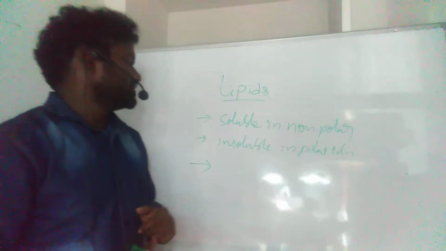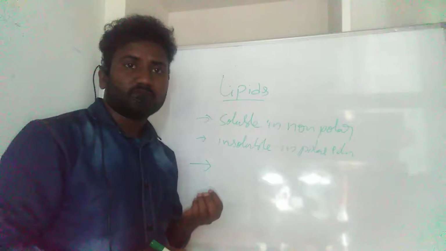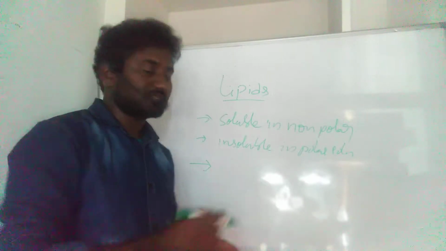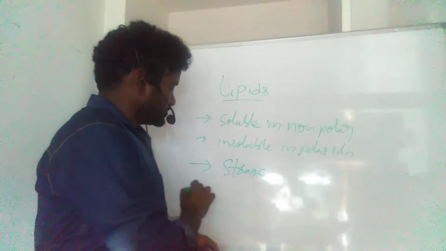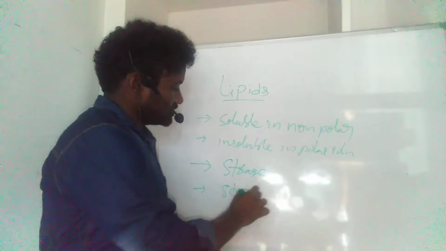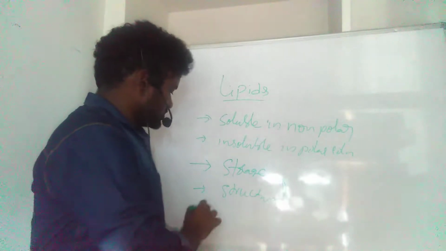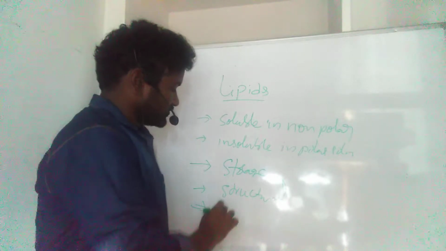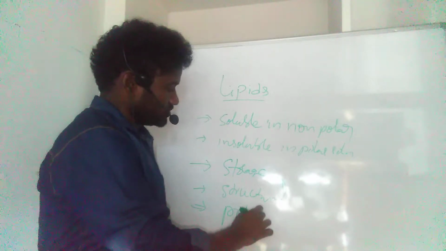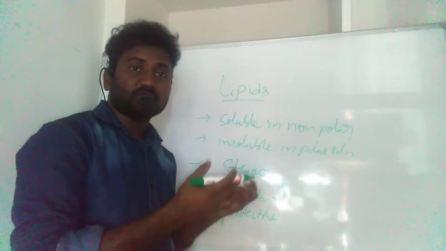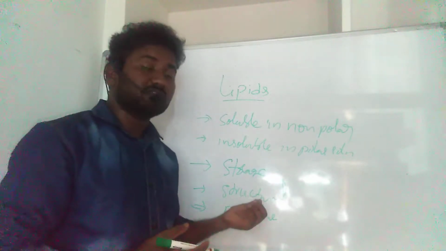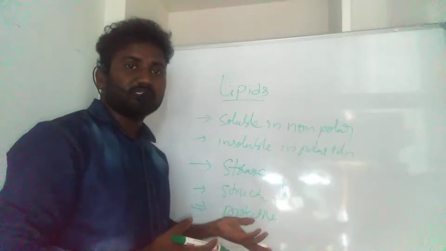Lipids perform several functions, like storage, structural functions, and protective functions. Storage, because lipids act as a storage fuel. Structural functions, mainly membrane components made up of lipids and proteins.